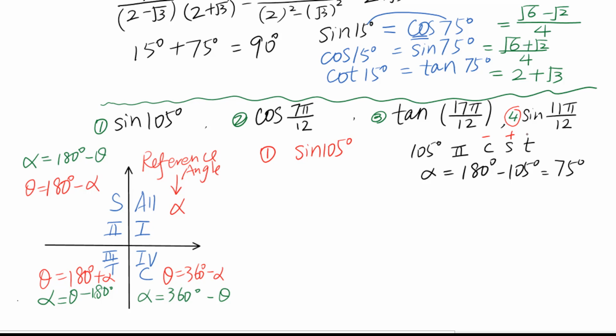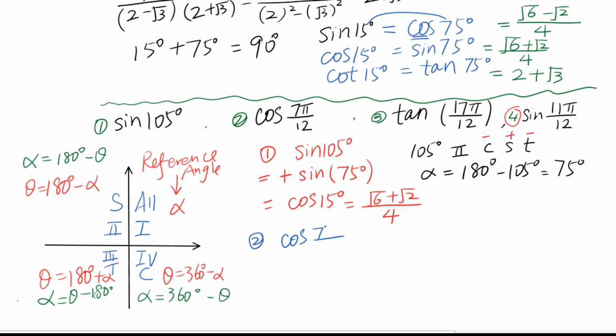The other two are negative, which means sine 105 degree equals positive sine of the reference angle, 75 degree. For sine 75 degree, that equals cosine 15 degree equals square root of 6 plus square root of 2 over 4. Let's go to second question.